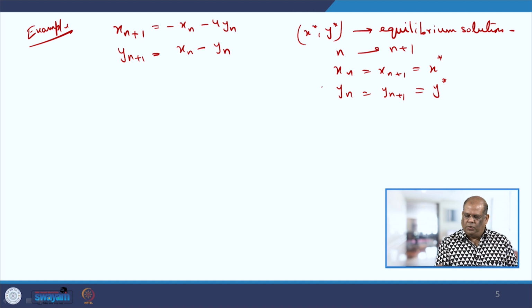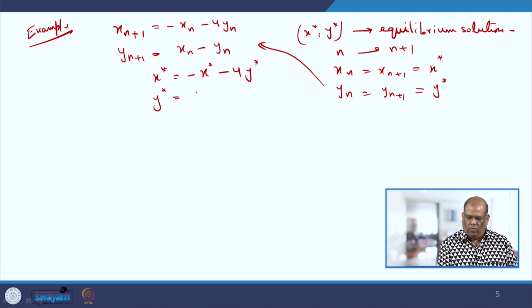So, I substitute it here and you get x star equal to minus x star minus 4y star and y star equal to x star minus y star.